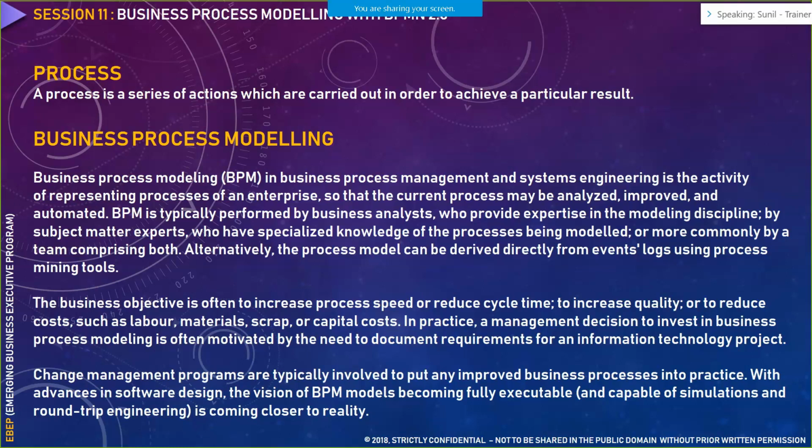Now, process modeling is a technique that we use as a whole in a given context in a particular system, which helps us understand a particular process in a given system context. And when we apply the term business to process modeling, it specifically goes into that particular business domain. For example, business process modeling in the finance domain or in the insurance domain.